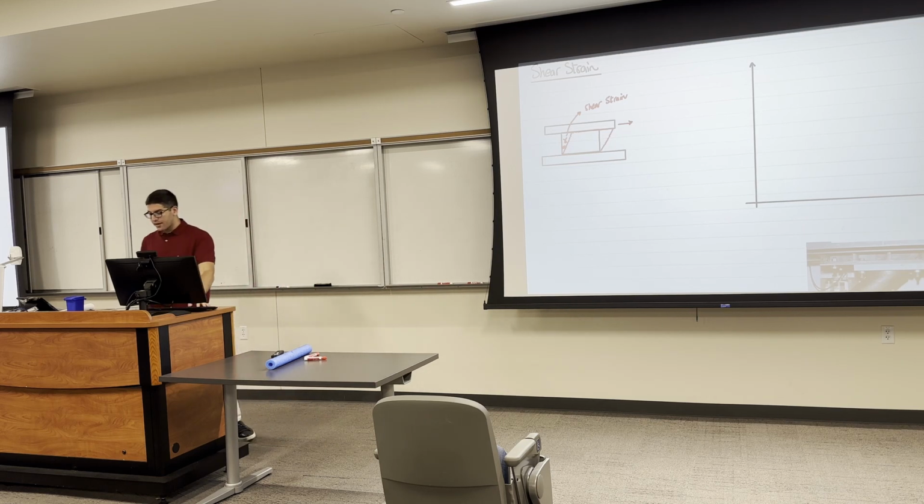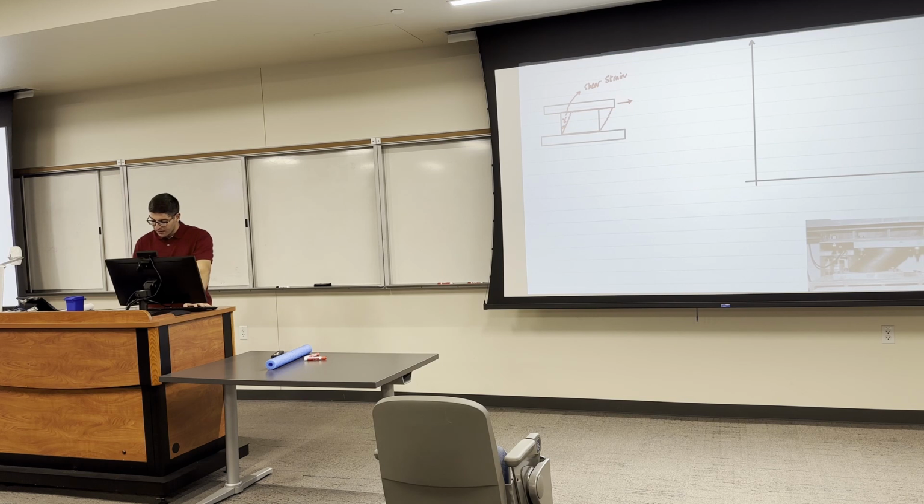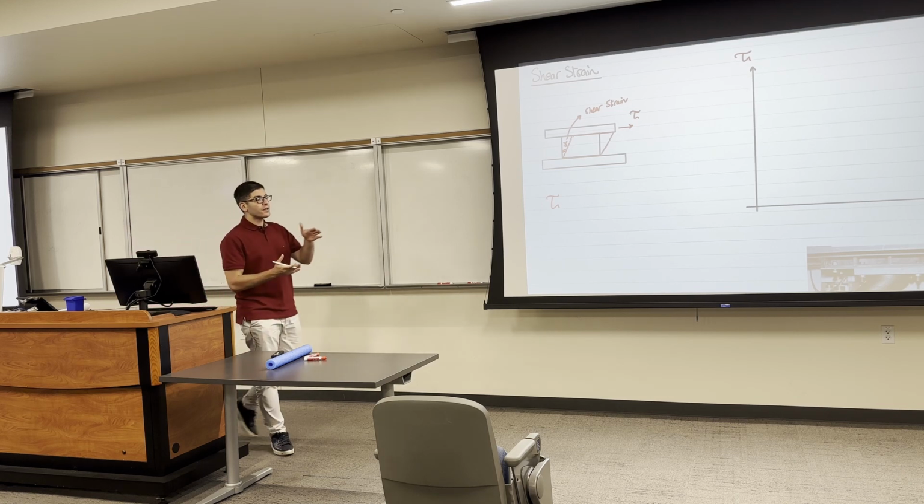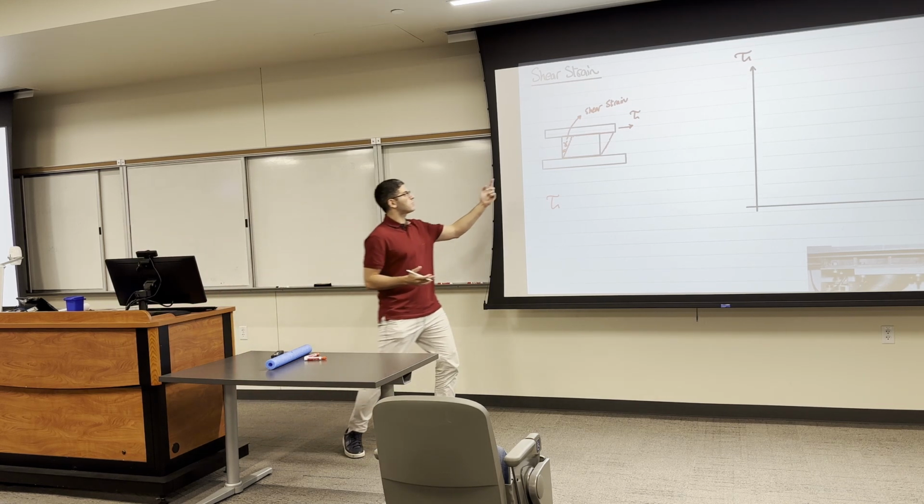And let's agree on something. So this is, for example, the force, and I would say this is the shear stress. If I want to draw a relationship here between shear stress and shear strain, when I increase the shear stress, what's going to happen?